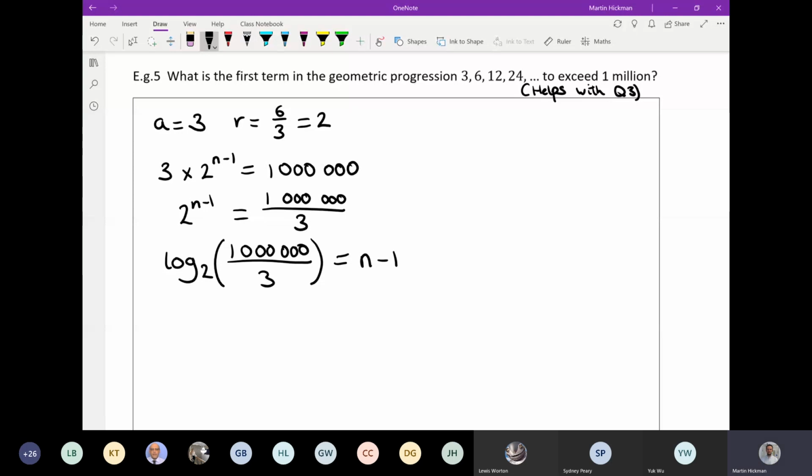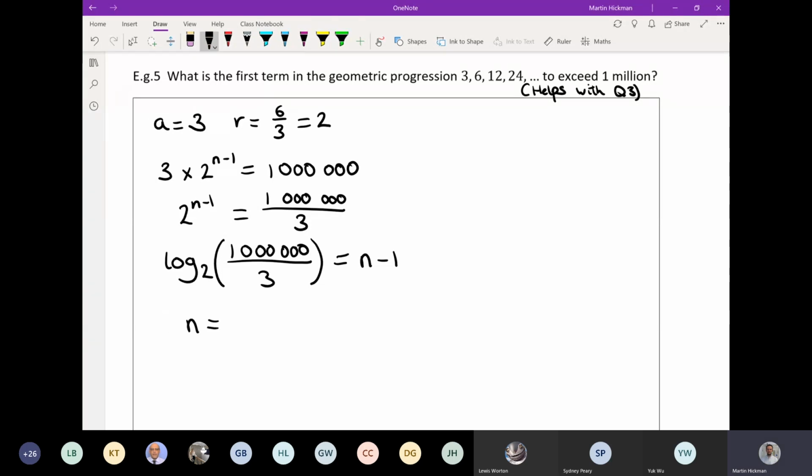Remember, when we switch that back to exponential form, we do our base to the power of n minus 1, which gives us the answer of 1 million over 3. So remember how to switch from log form to exponential form and vice versa. Now we can just put this in on our calculator. So on your calculator, you can just do log to base 2 of 1 million over 3, and we get, actually I'll just write down what n is.